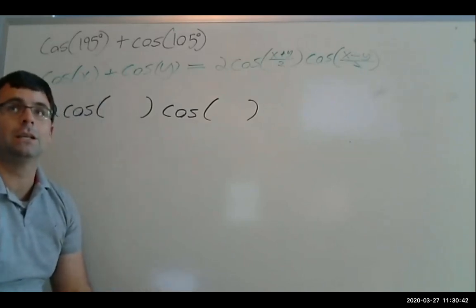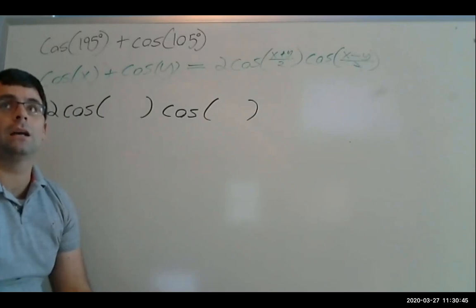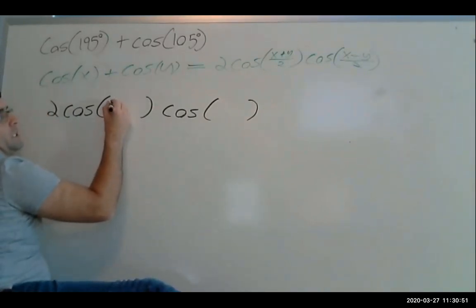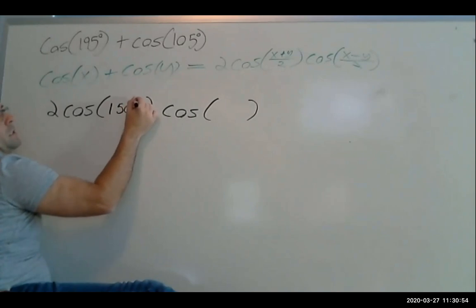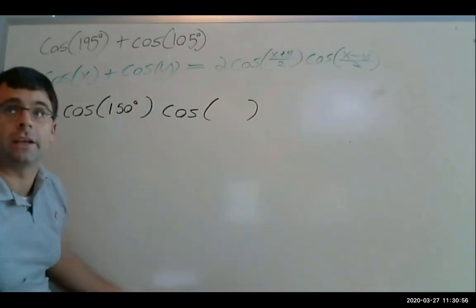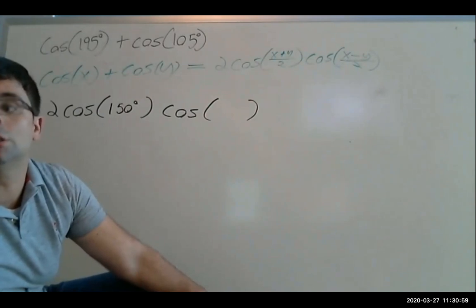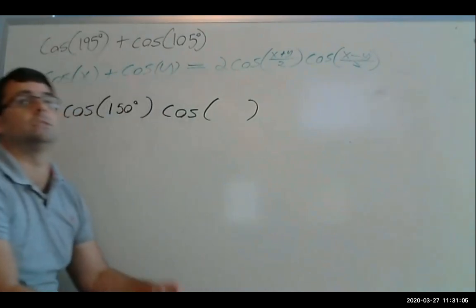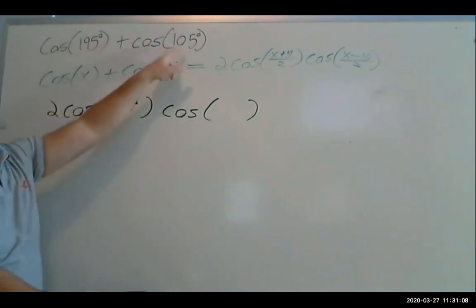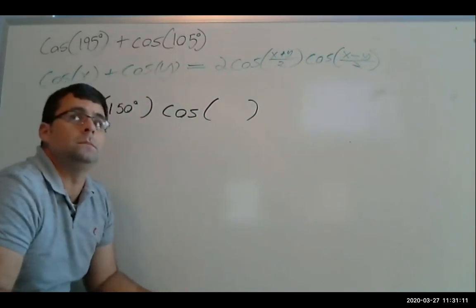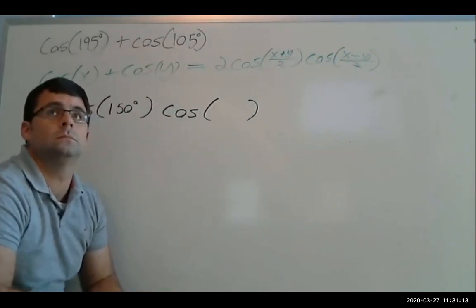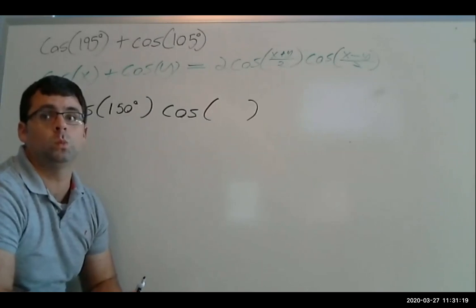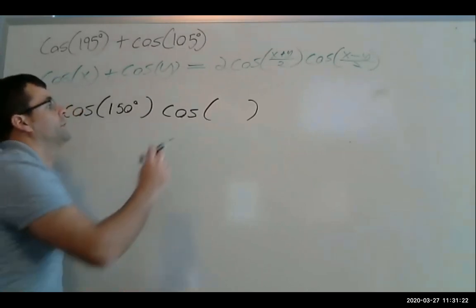The first one would be 2 cosine 150? Yep, the average. And then what is their deviation? Subtract the two, what do you get? 90. And what's 90 divided by 2? 45.